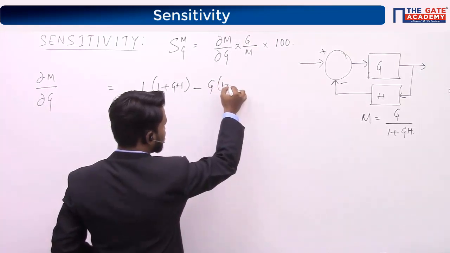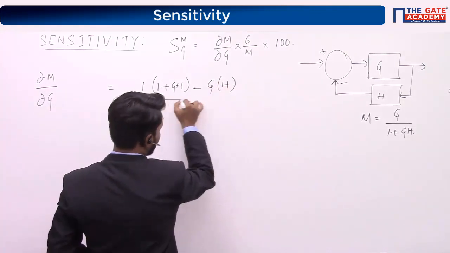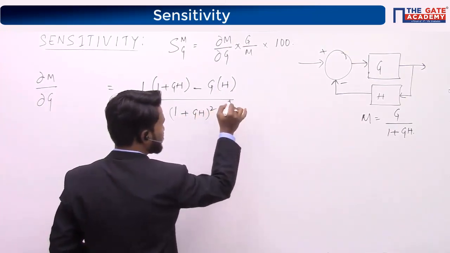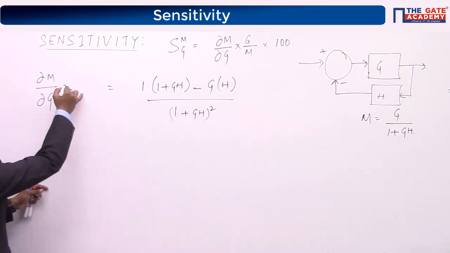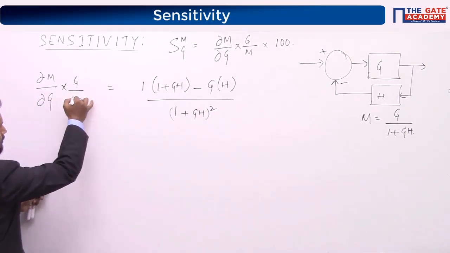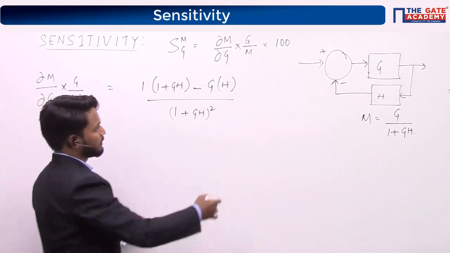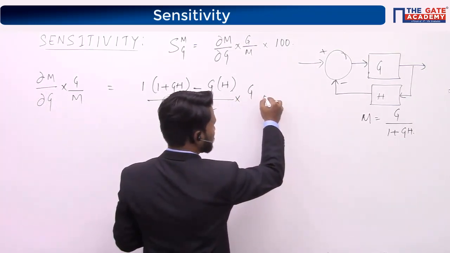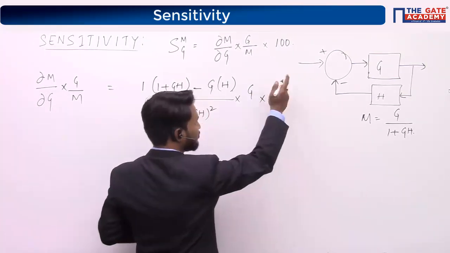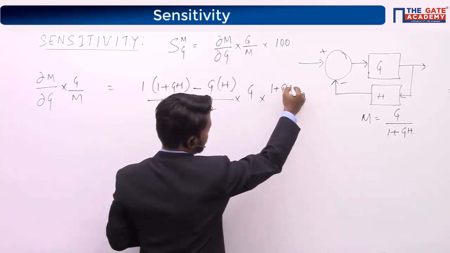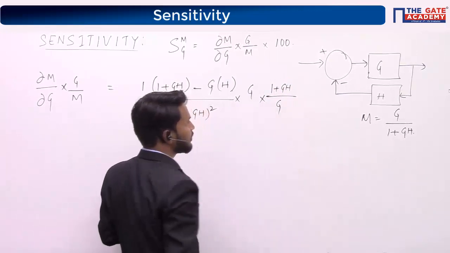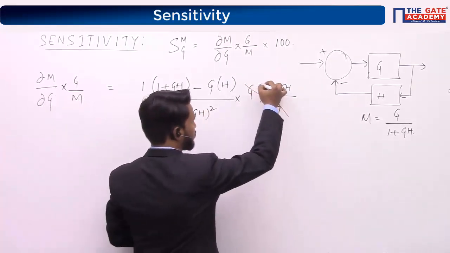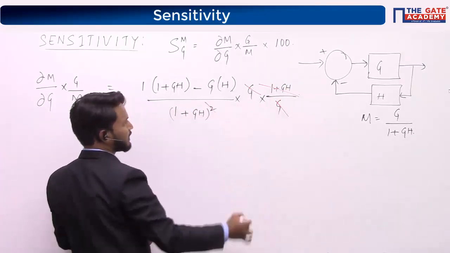If you differentiate G, you will get 1, and differentiating 1 plus GH gives H. So this is multiplied by G divided by M, and M divided by G means 1 plus GH divided by G. So this G and G get cancelled, and the 1 plus GH and square get cancelled.